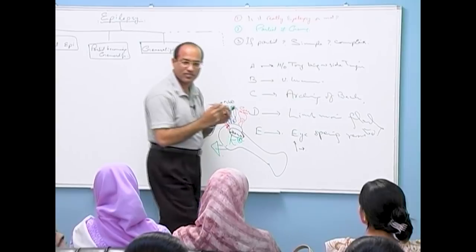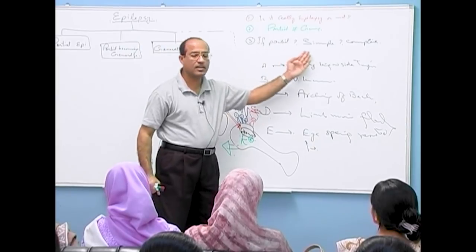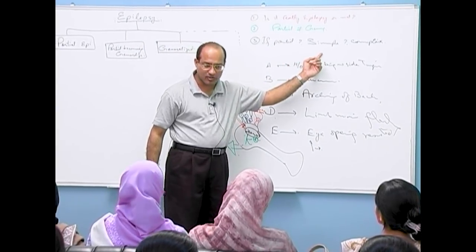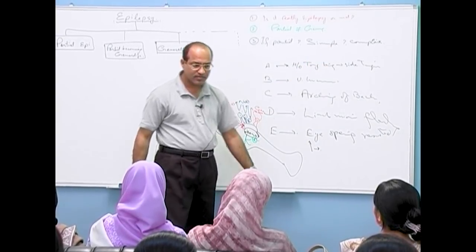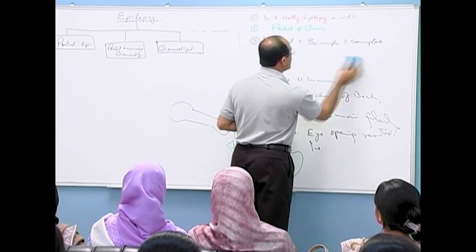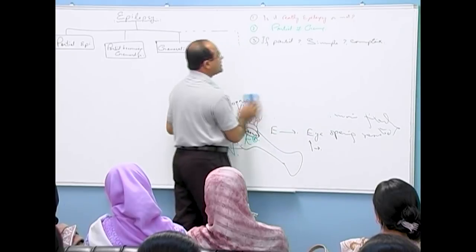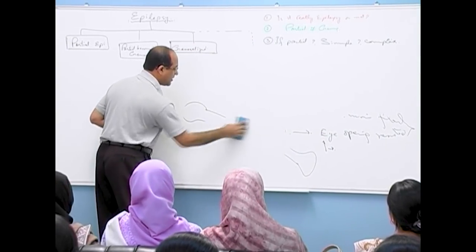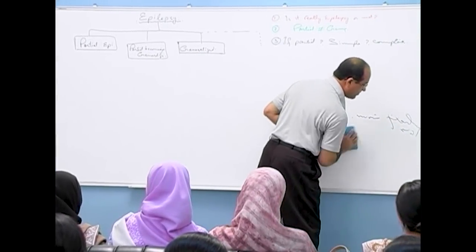You already know that when you take the history, if the patient's conscious level is not altered, it must be simple partial. And if the conscious level has some alteration, then it is complex. If you have answered these three questions, that the patient really has epilepsy and whether it is partial or generalized, and let's suppose you decide it is partial, then you have to decide whether it is simple partial or complex partial.